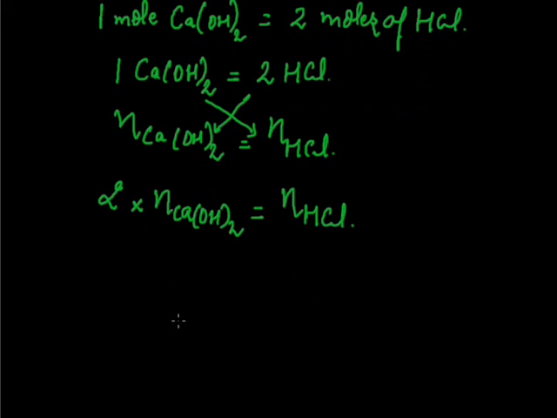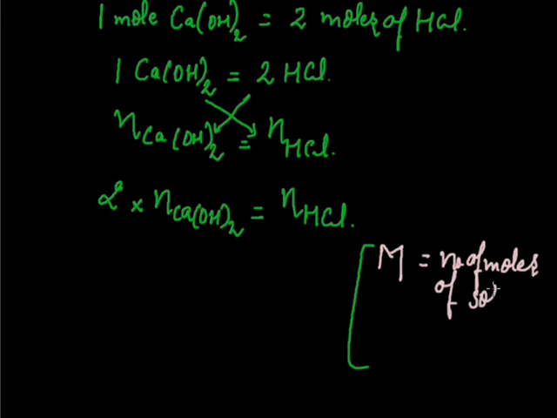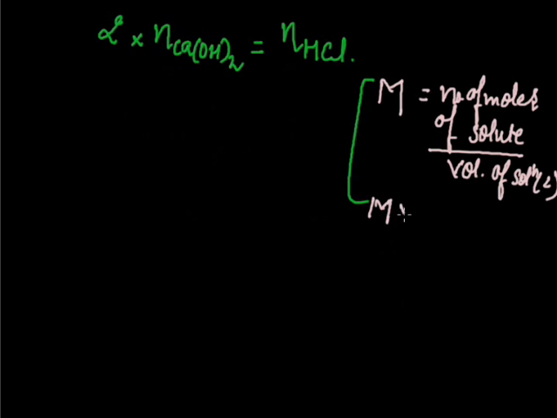Now, in the question, it is given that 30 ml of 0.1 molar Ca(OH)2 reacts with HCl. What is molarity? Molarity is equal to the number of moles of solute divided by the volume of solution in liters. If we multiply the molarity by the volume in liters, we get n, the number of moles.